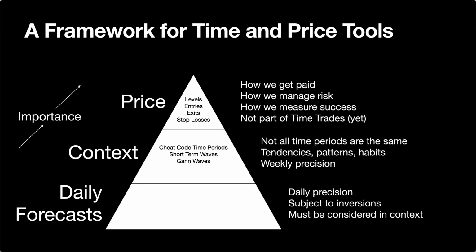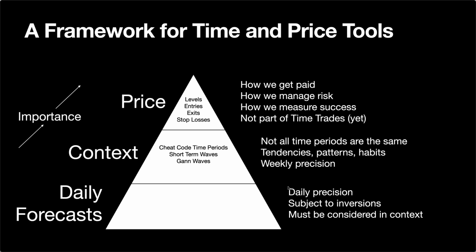And then finally, we've got the daily forecasts. These are generated at a daily level of precision. They are also subject to inversions because sometimes these cycles do invert, meaning that the last time a cycle hit, it was a low, and the next time it hits, Time Trades thinks it's going to be another low, but it turns out to be a high.